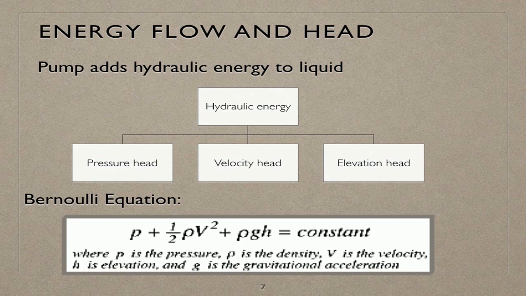Pumps are equipment that add hydraulic energy to liquid. This energy consists of three elements: pressure head, velocity head, and elevation head. As we can see from the Bernoulli equation, it consists of each of these terms.